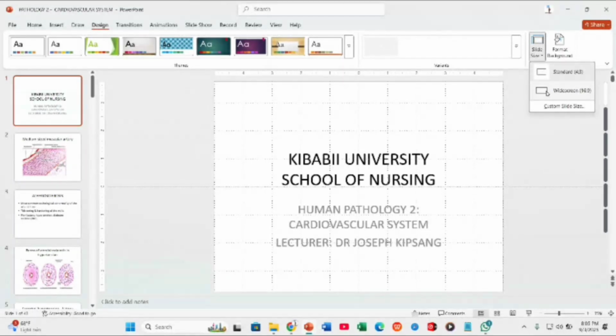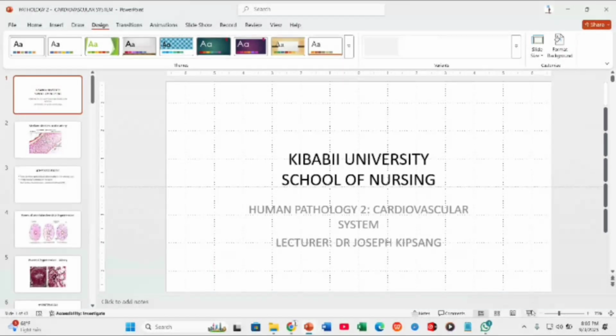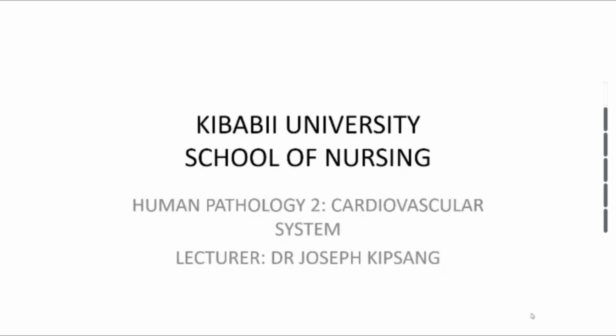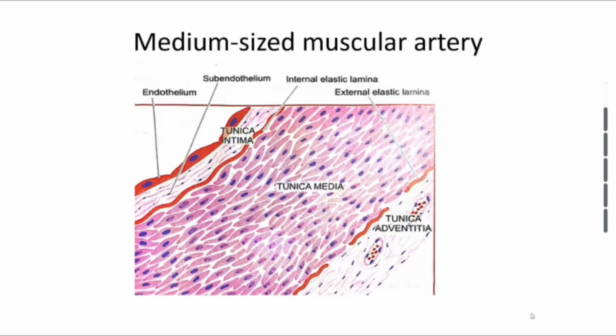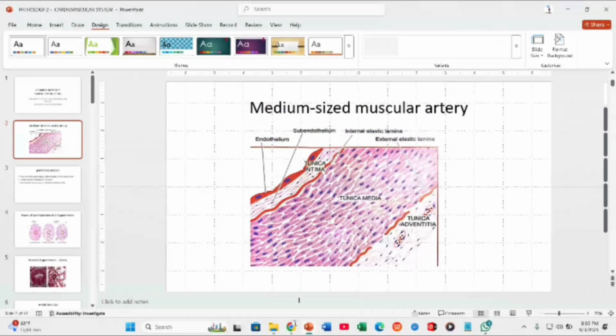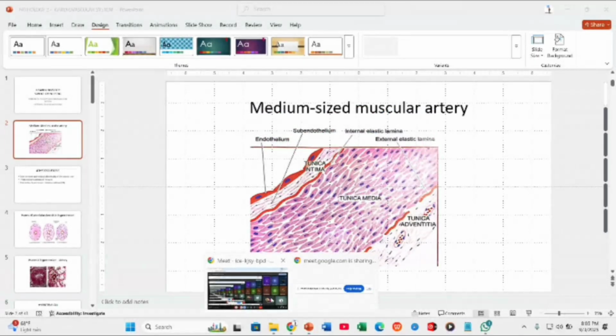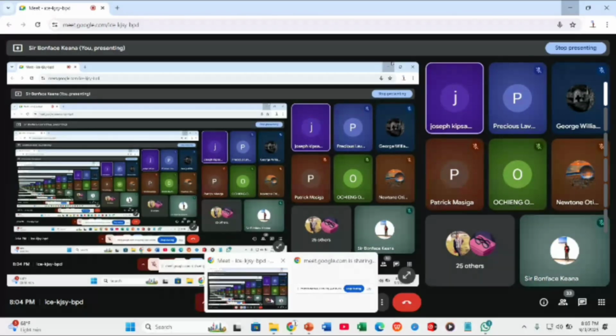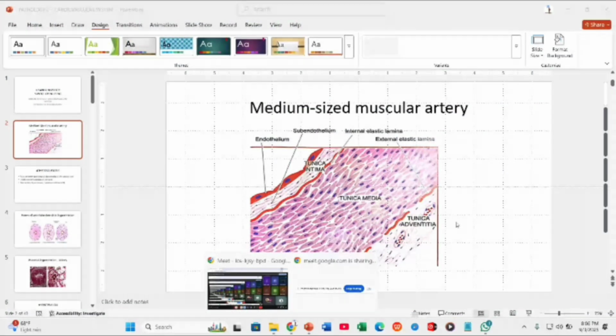Then the second layer is the subendothelium. In some places they talk about the lamina propria. That is the subendothelium, the lamina propria. Those two, up to the internal elastic lamina, the subendothelium and endothelium, will form the tunica intima.